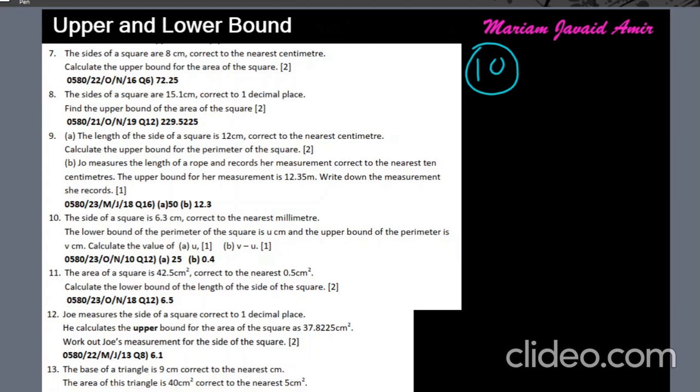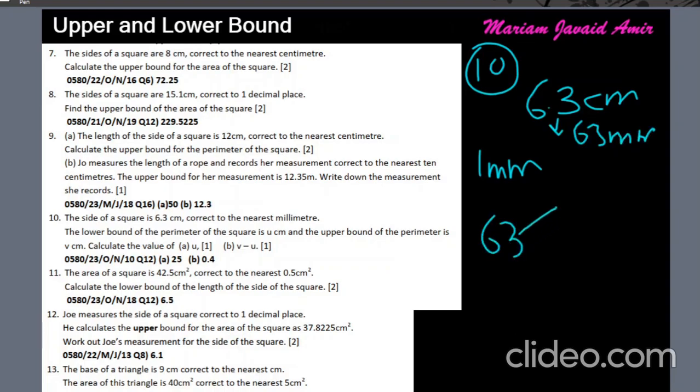The lower bound of the perimeter of the square is u centimeters and the upper bound for the perimeter is v. Calculate u, and v minus u. So we need to find the lower bound perimeter. 6.3 centimeters correct to the nearest 1 millimeter. To fix the unit conflict for now, we'll change this into millimeters. So this becomes 63 millimeters. Now the upper bound for 63 millimeters will be 63.5 millimeters because we divide by 2, and the lower bound will be 62.5 millimeters.